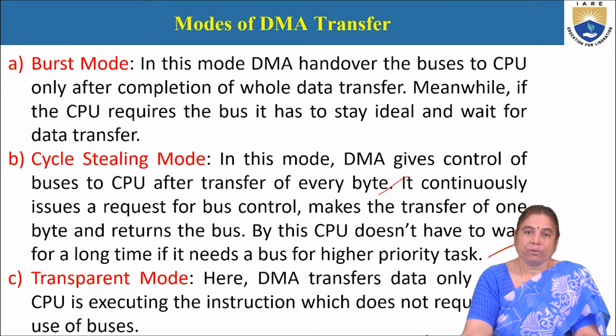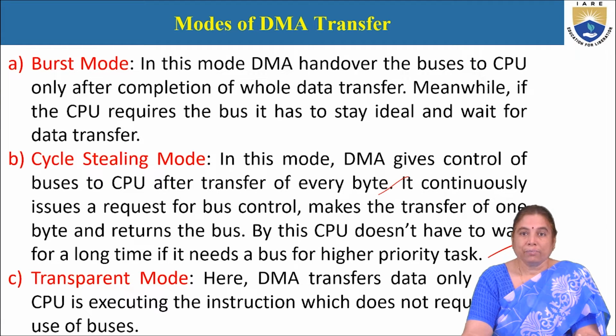So that type of data transfer mode is the transparent mode. So by using these three modes, the DMA can transfer the input-output data to the internal parts of the computer or the memory without intervention of the CPU.